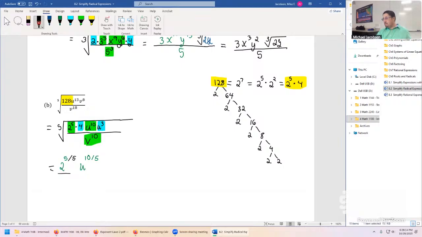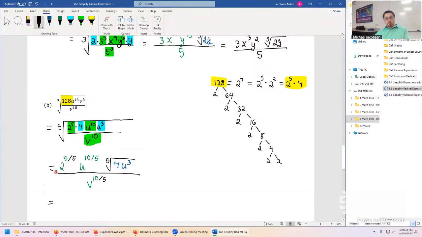Then the numerator is also going to contain the fifth root of 4u cubed, the part we couldn't simplify down any further. Denominator is going to be v power 10, divided by the index of 5.